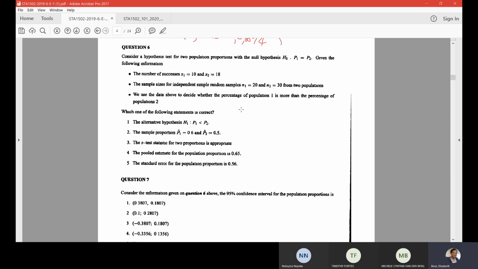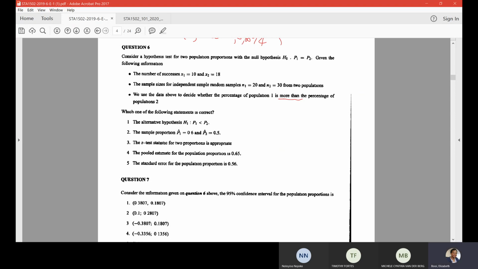The sample sizes for independent random samples are n1 equals 20 and n2 equals 30. Use the data above to determine whether the percentage of population 1 is more than... So since they say more than, it's a one-tail test.